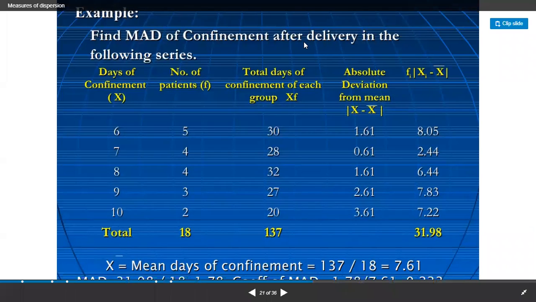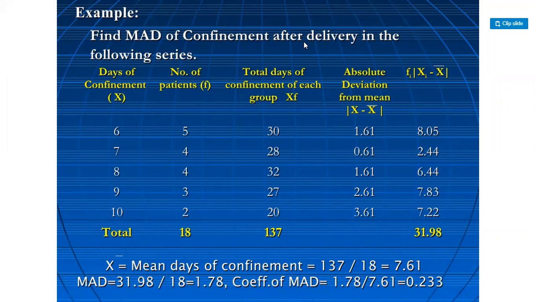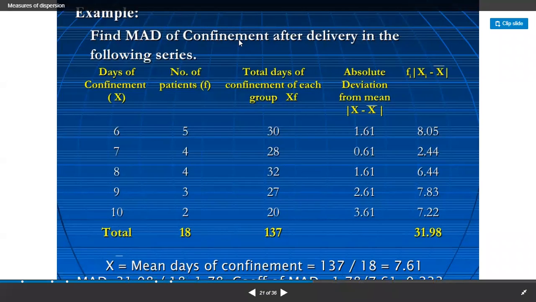Here an example is given. Find the mean deviation and coefficient of mean deviation of the days of confinement after delivery in the following series. Number of days of confinement, number of patients, total days of confinement of each group, x and f.